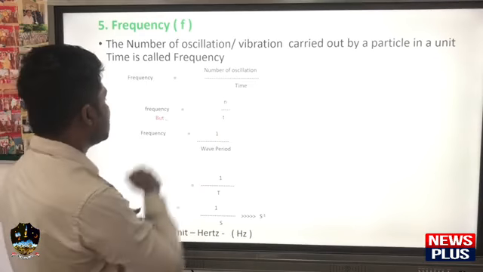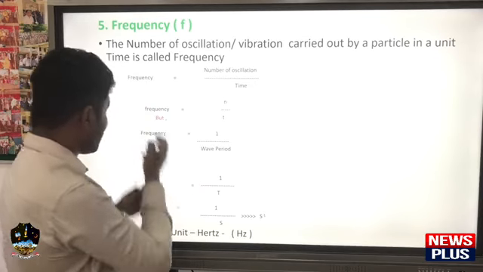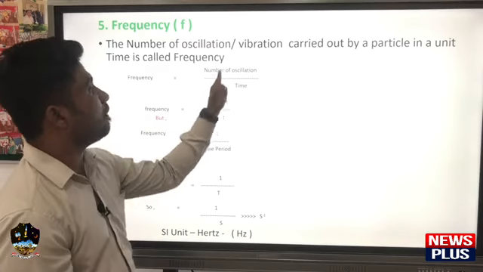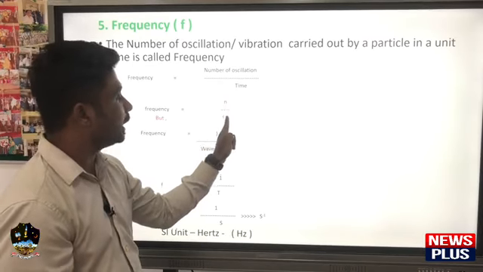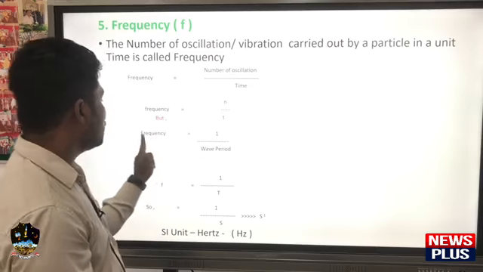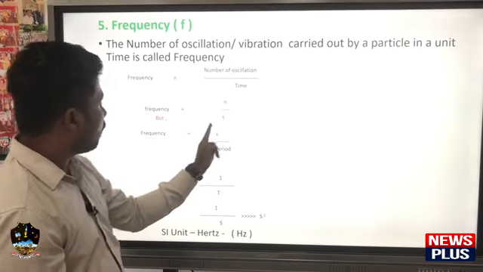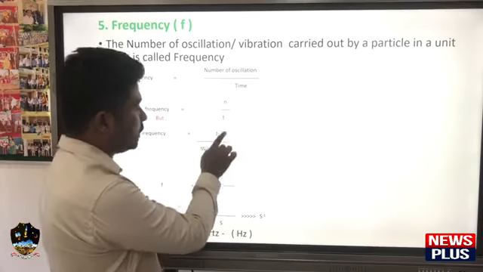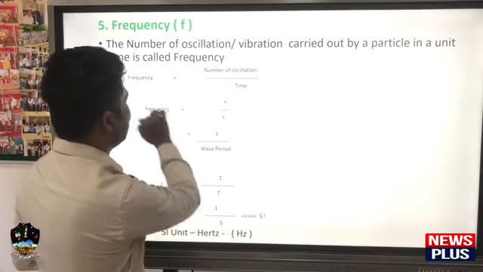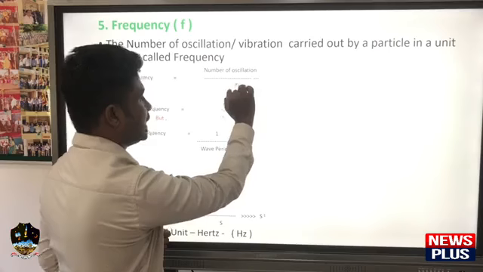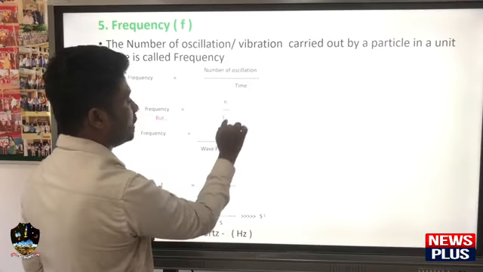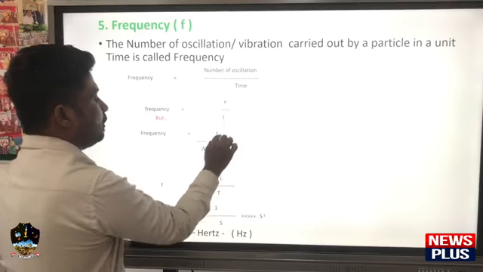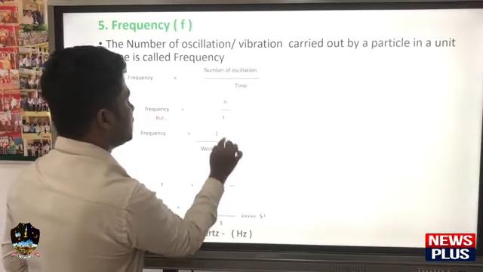The frequency equation: frequency f is equal to the number of oscillations n over t, which means frequency equals 1 over the wave period, and this is also another equation. You must know this equation. Frequency is equal to n over t, the number of oscillations or vibrations over time, and frequency is equal to 1 over the wave period.